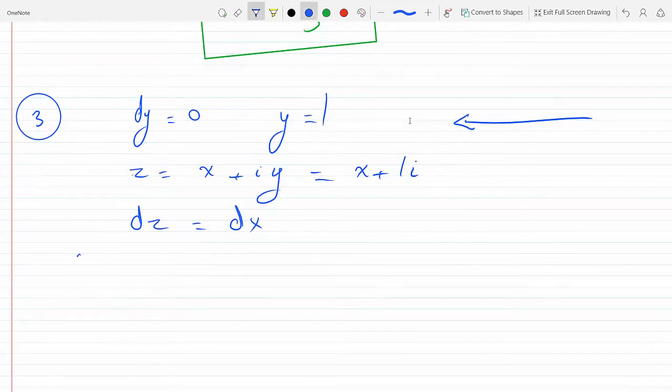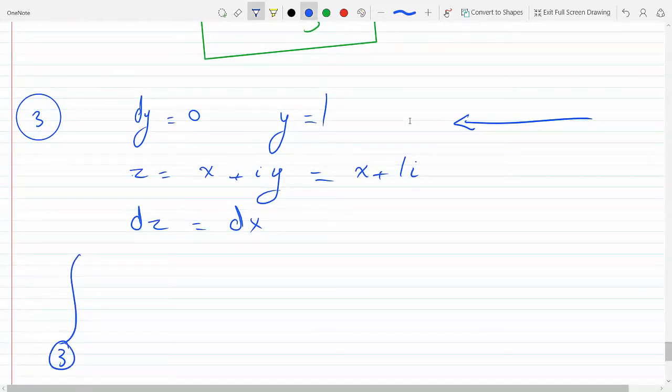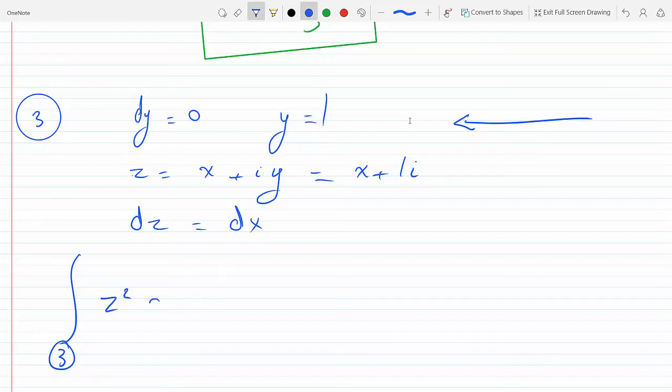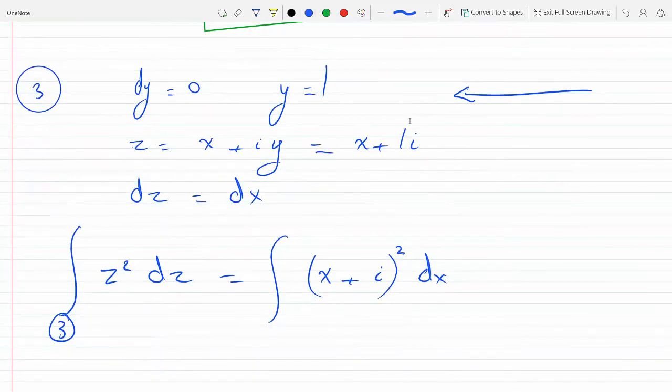And then if I integrate on path number 3, z squared dz, I will get z is x plus i squared, and dz is dx, and where am I going? Now we're going backwards, so we're going from 1 to minus 1, because we're going to the left.